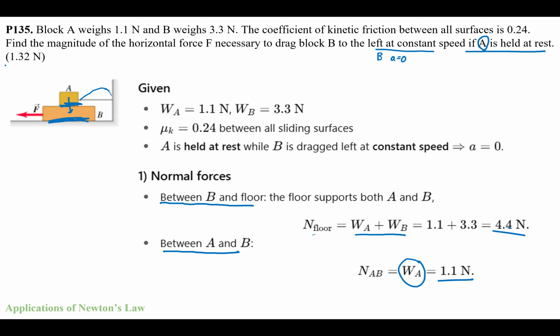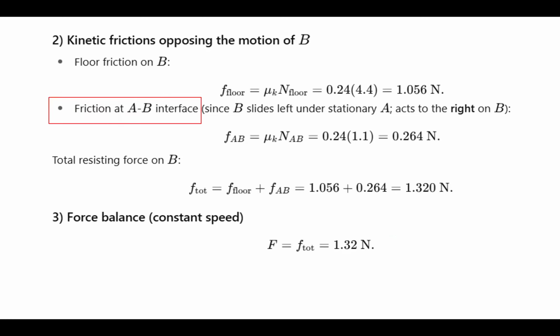Okay. And then kinetic friction opposes the motion of B. Then we have two things: floor friction on B, so that F floor is given by mu k times N floor, and the friction at the AB interface is given by this one. Okay, and then the total resisting force on B is the floor friction plus the AB interface friction. Add them together. Okay.